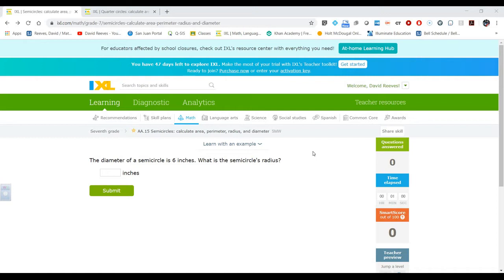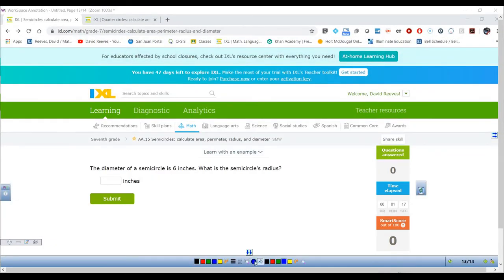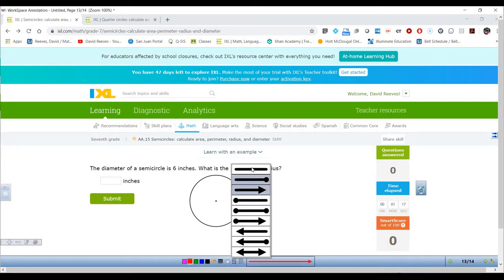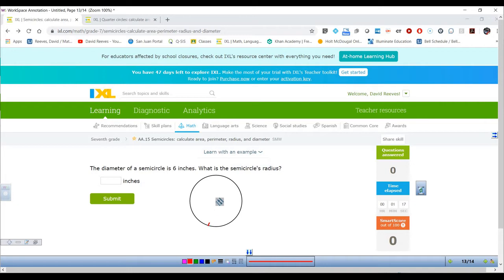All right, so let's take a look at the first question. It says the diameter of a semicircle is 6 inches. What is the semicircle's radius? Hopefully this one is not too challenging for you. Remember, in a circle, the diameter goes all the way across the circle, and the radius goes halfway. So here is my circle, and we go all the way across, and that's my diameter.